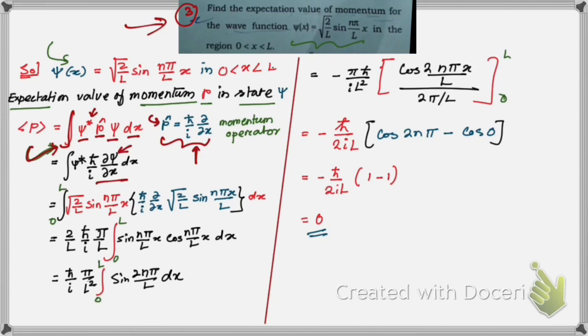Now let's replace this psi by the given function. Psi star will also be the same, because here we have only the real part, so its complex conjugate will be the same. We have put those values and integrated from 0 to L, because the region is given here.